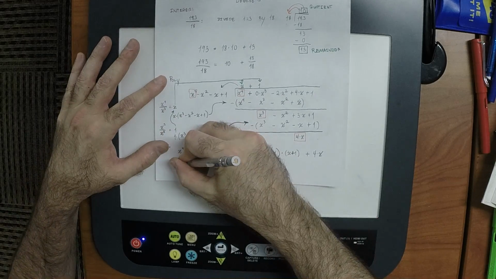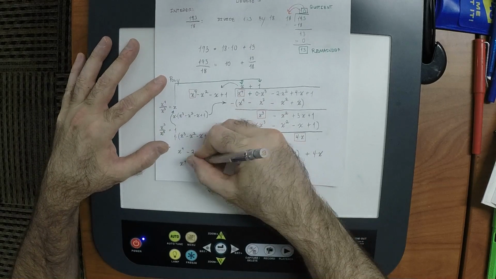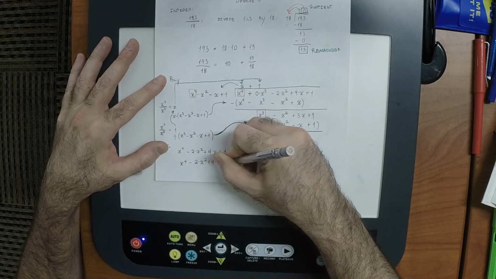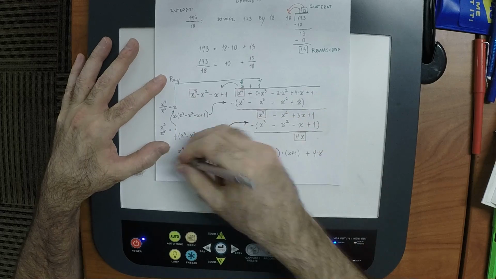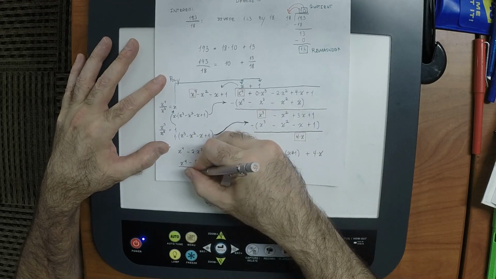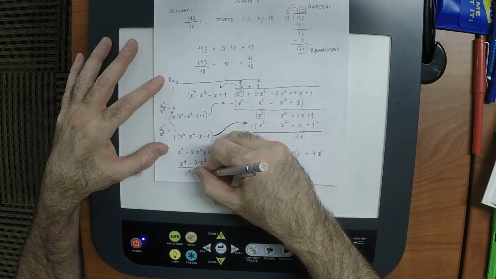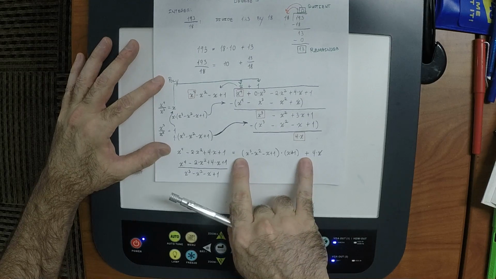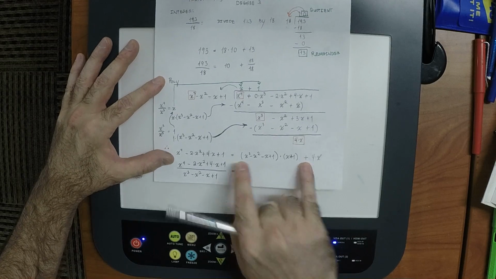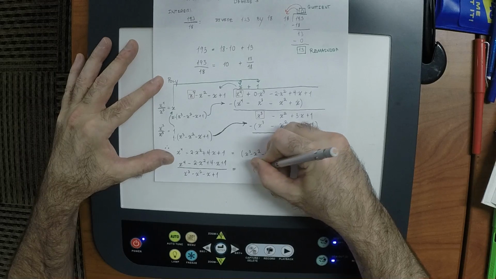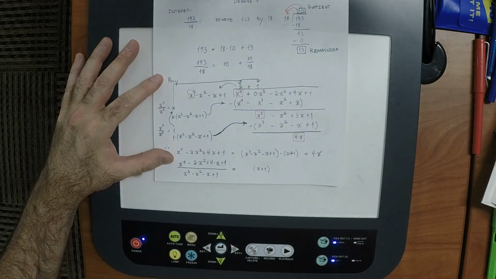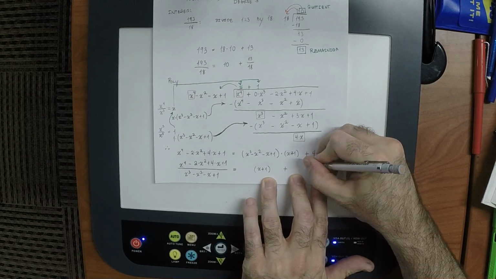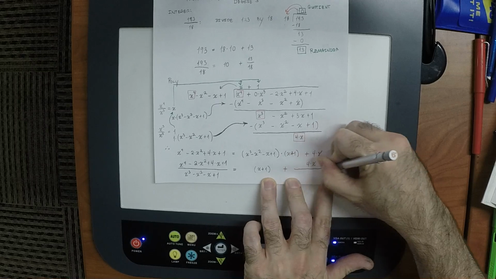So if we divide both sides by that cubic, then we get x to the 4 minus 2x squared plus 4x plus 1, divided by that cubic there, x cubed minus x squared minus x plus 1. Concerning this term, dividing that term by the cubic, what do you get? x plus 1. No, it is not necessary to write those parentheses, but I'm doing that on purpose. And then plus, dividing that term by the cubic, you get this.